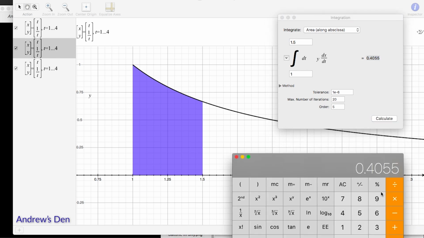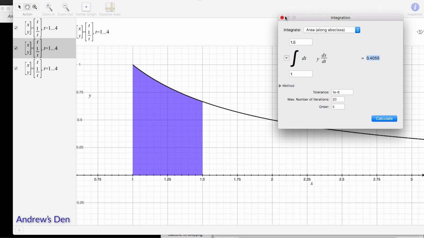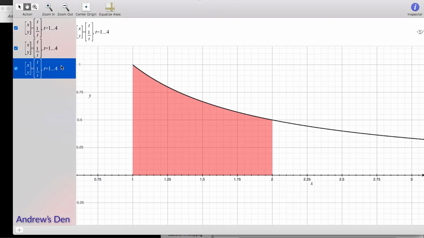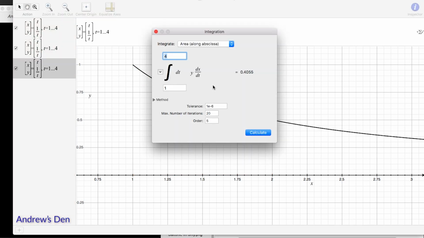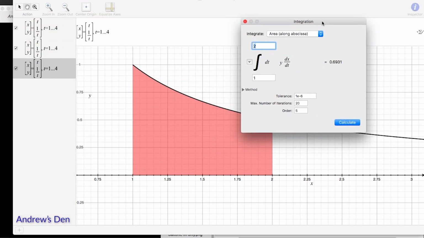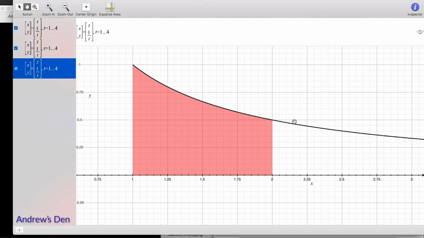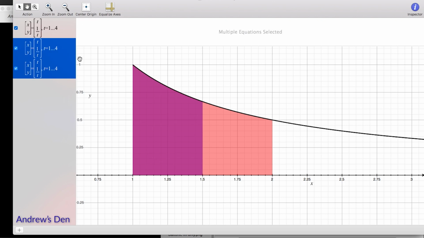Now, let's multiply that times 2. That gives us a much bigger number than the logarithm of 2. That was 0.69. So this is 0.8. So that's much bigger. This is not the same as 0.6931. It doesn't work that way where the fifth is halfway between.